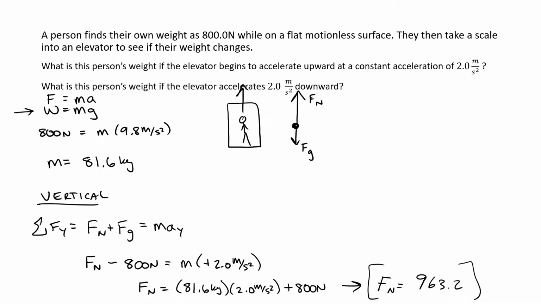All right. And I think I can maybe skip some steps for the second part, because what's the only difference in the second part? I kept them the same because I knew I might take a while on this. It's going downward.